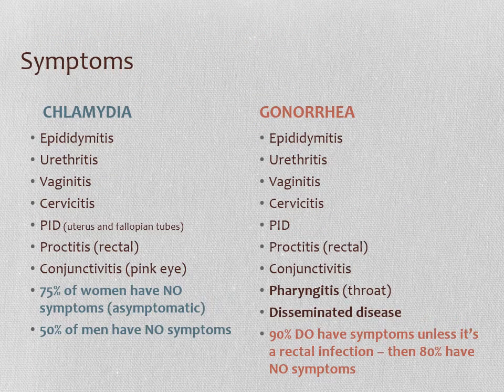So the symptoms are almost identical for both chlamydia and gonorrhea with a few exceptions. So that's why I've got them listed side by side here. Depending on where they go, right, if they go to the epididymis, you're going to have epididymitis. If they go into the urethra, you're going to have urethritis with that burning pain with urination and perhaps pus dripping out of the penis.